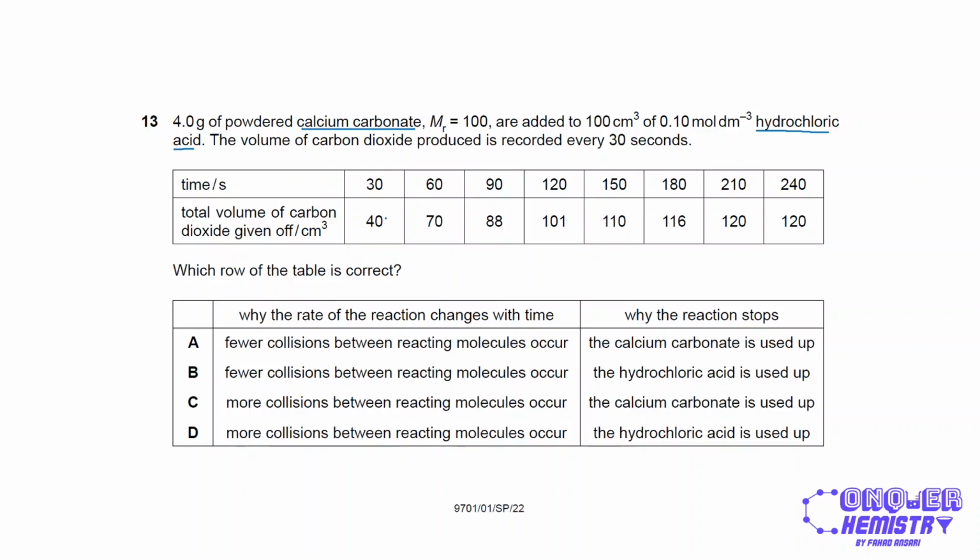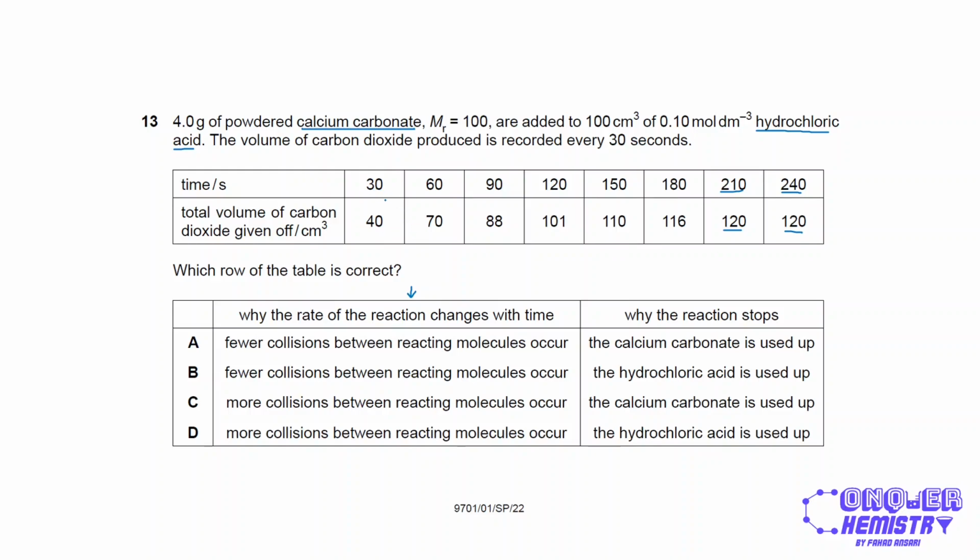So you can see that at 210 seconds, the volume becomes 120 cubic centimeters, and then it stays at 120 cubic centimeters. So as far as this column is concerned, why does the rate of the reaction change with time, right? As you can see, the rate slows down.